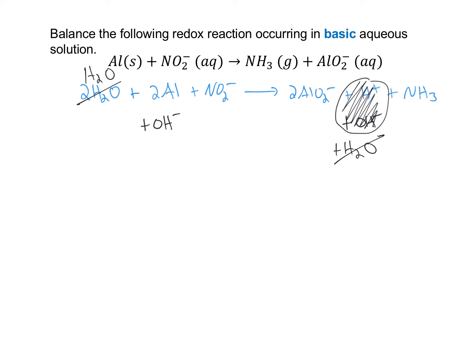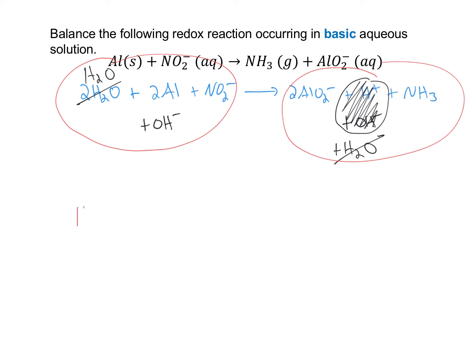All right, and so now we'll collect all of my reactants and all of my products. And so the final balanced reaction in basic conditions will be, I've got 1 water left, 2 aluminums, an NO2 minus and the hydroxide.